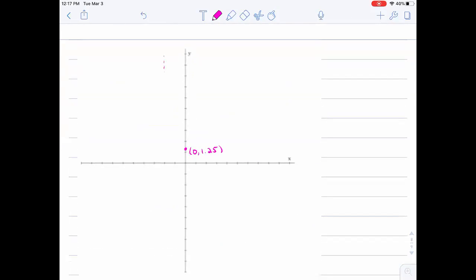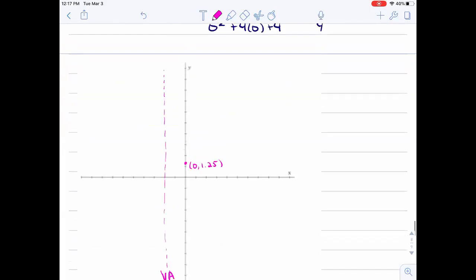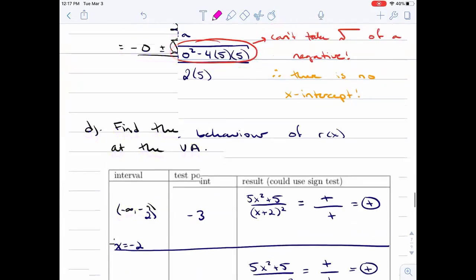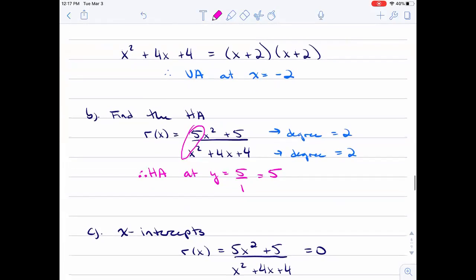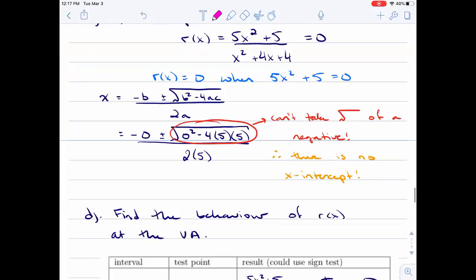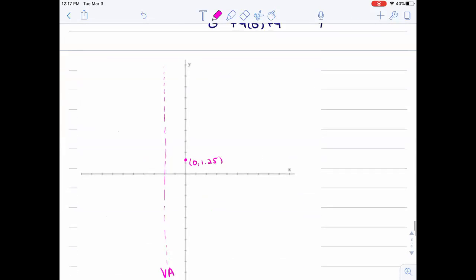So here, I've got a vertical asymptote. And where did we put our horizontal asymptote? At 5. y equals 5. 1, 2, 3, 4, 5.